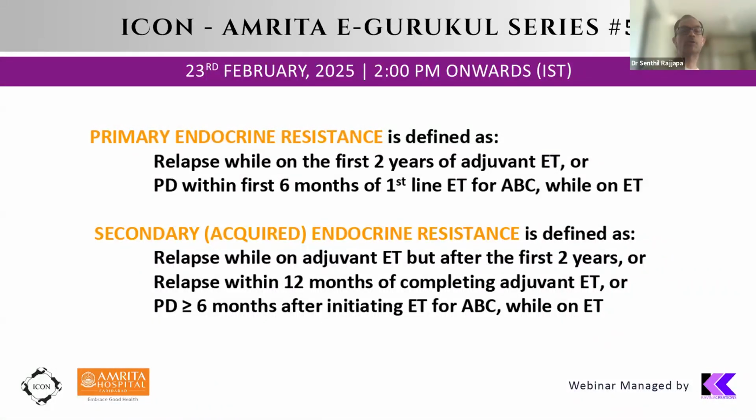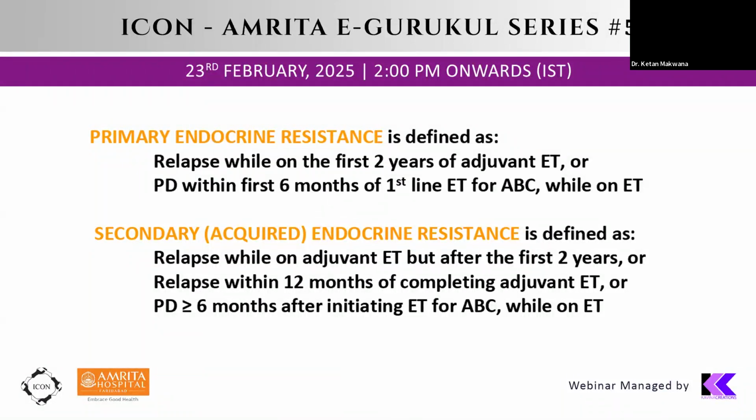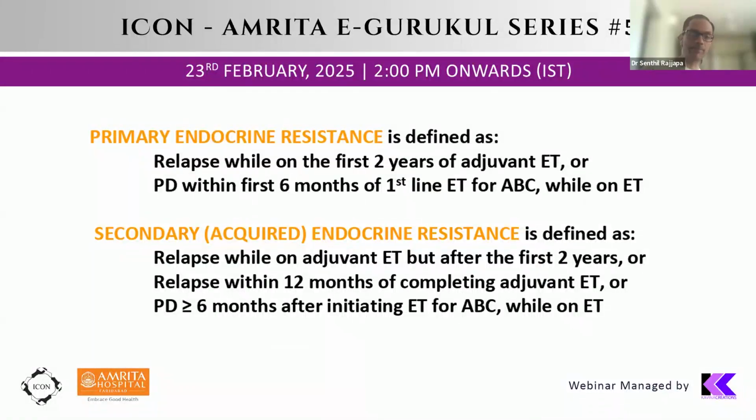early, or I may want to use something like trastuzumab deruxtecan, especially if your patient is HER2 low in this particular situation. Okay, so this clearly tells you about disease biology, because there may be some mutations that are there inherently in this disease, which is making it resistant to endocrine therapy.